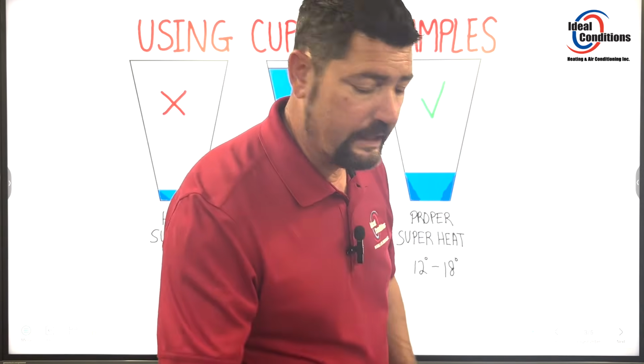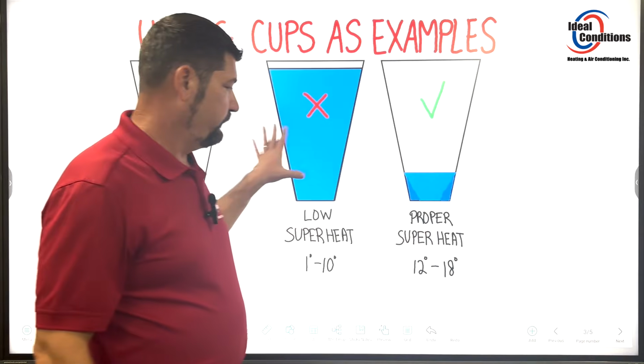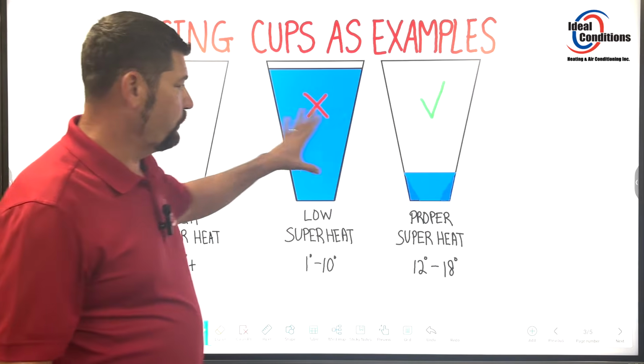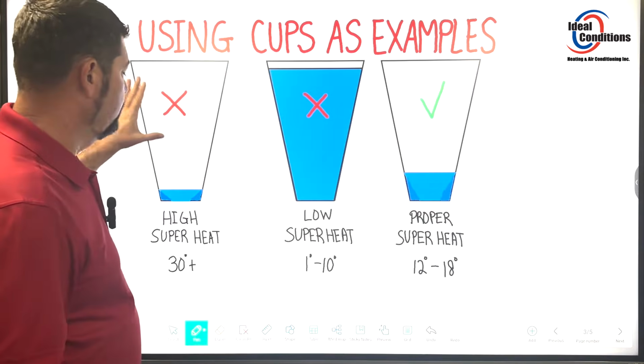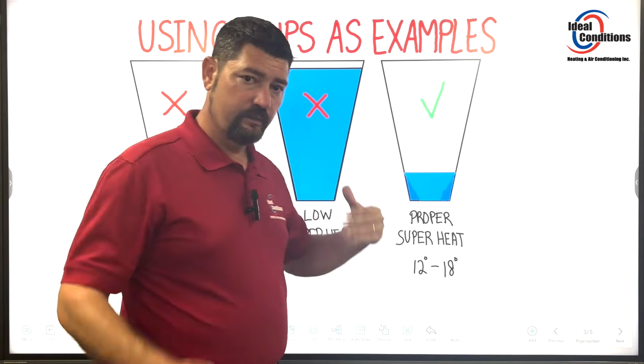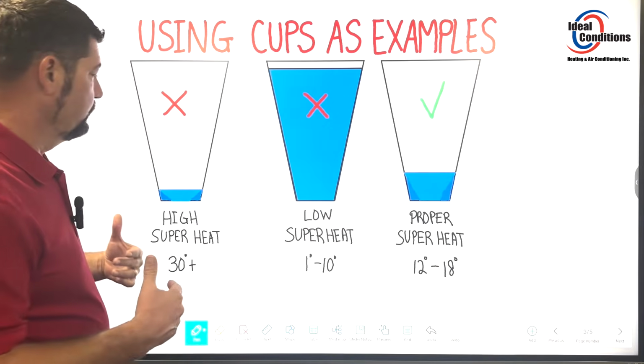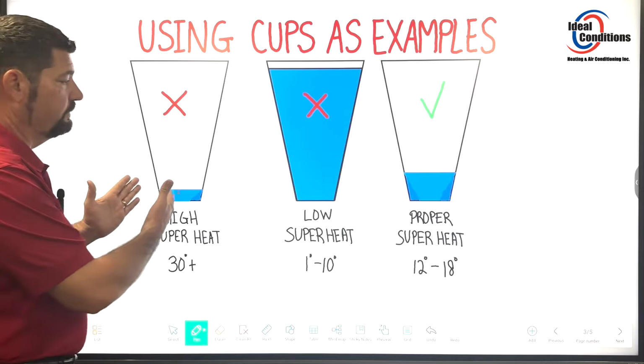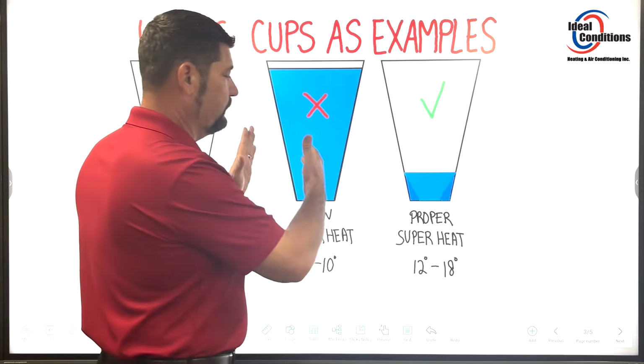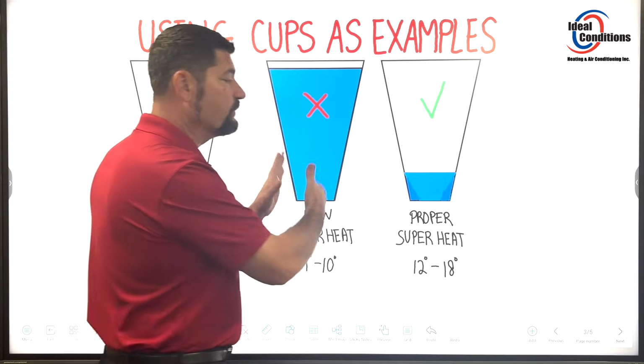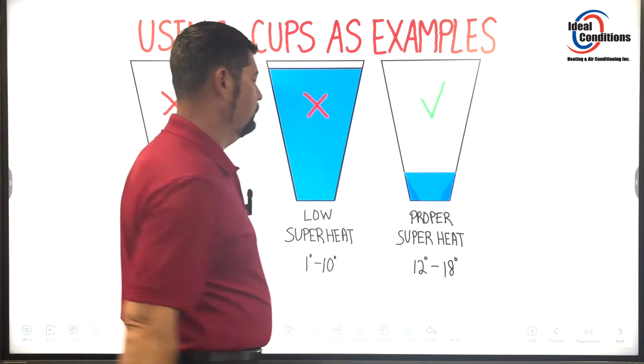Behind me, I put this same illustration on our smart board to show you that if we're dealing with superheat, we're dealing with the evaporator coil, and there are only 3 different situations our evaporator coil can be in.